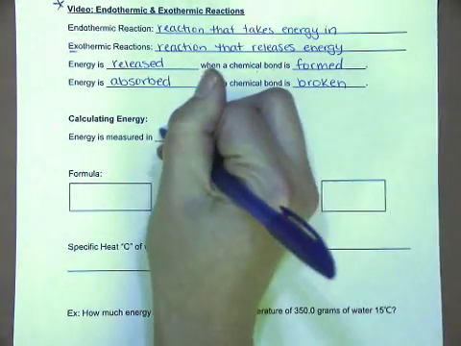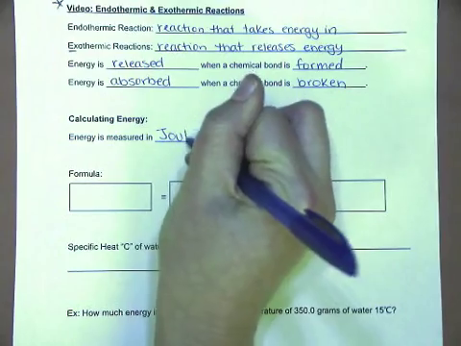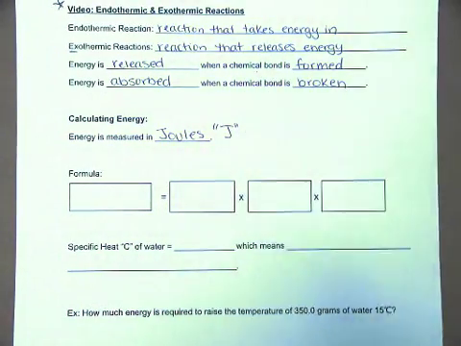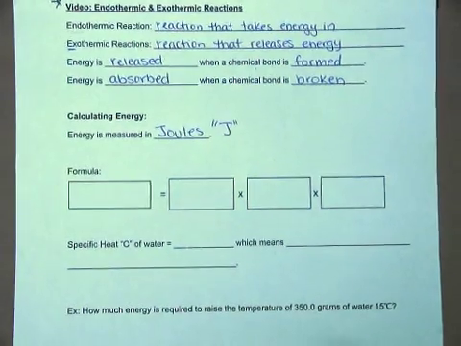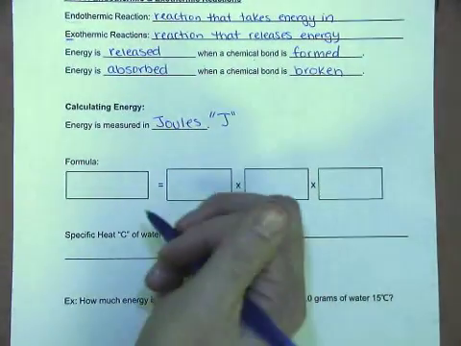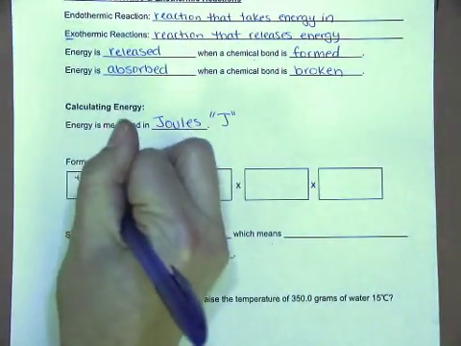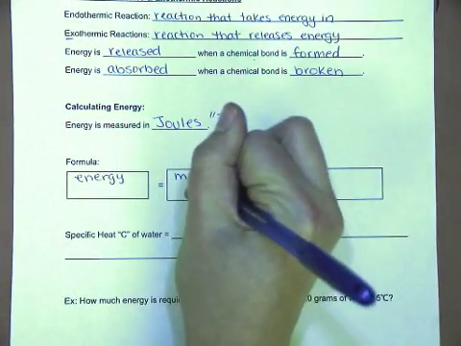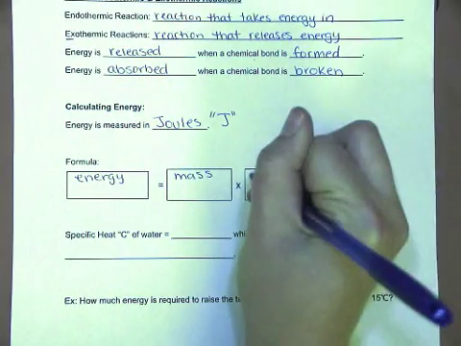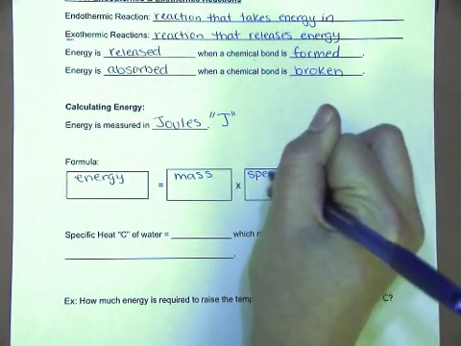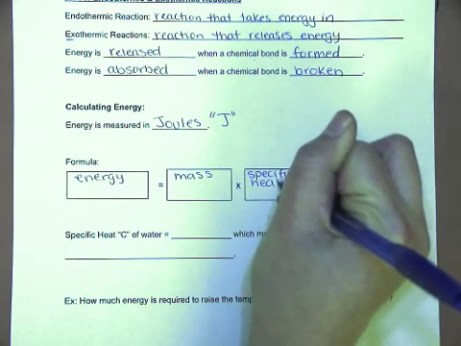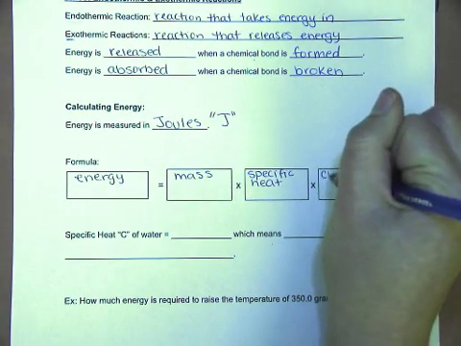Energy is measured in joules, which is shown as a capital J. Mathematically, we can solve for energy because energy is equal to the mass times something's specific heat. We'll talk about that more in a second. And its change in temperature.